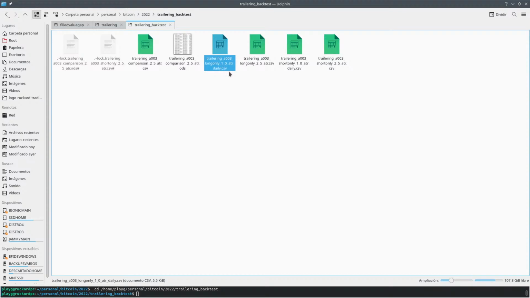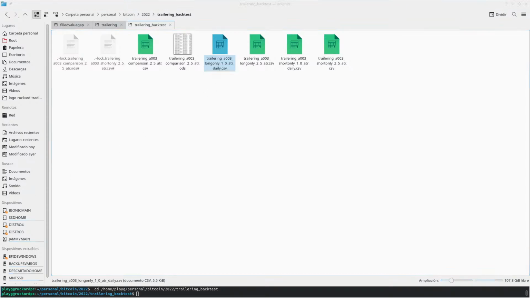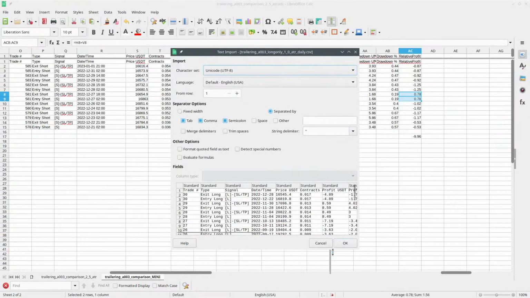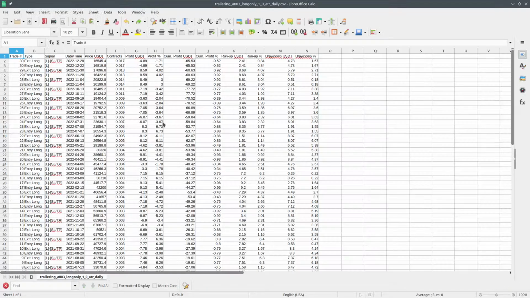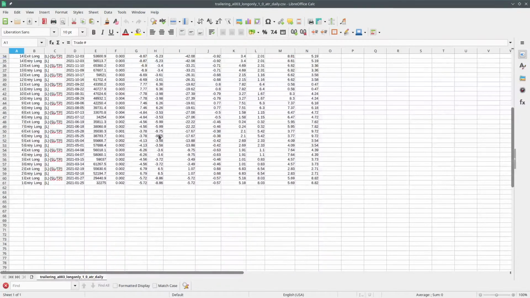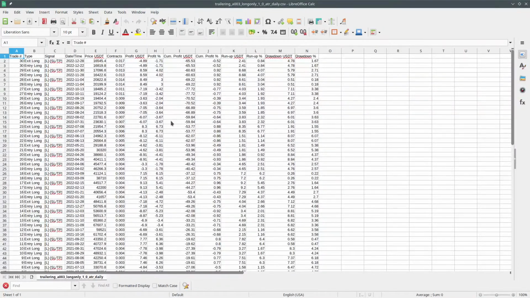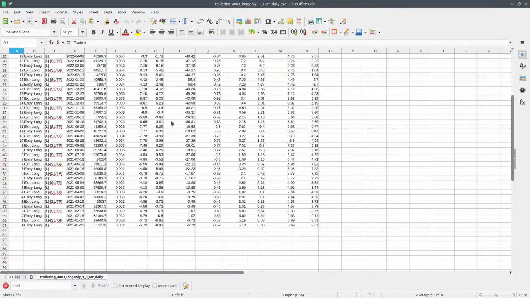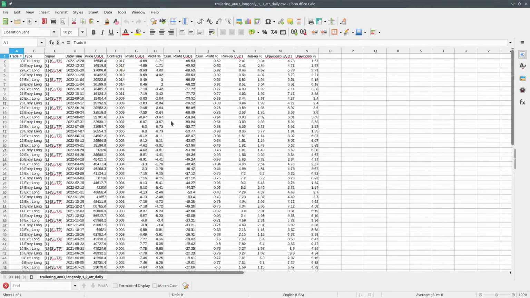So we have the values here, which is, okay, so daily, yeah, we don't care about this. So 30 trades, probably the ones that we have.